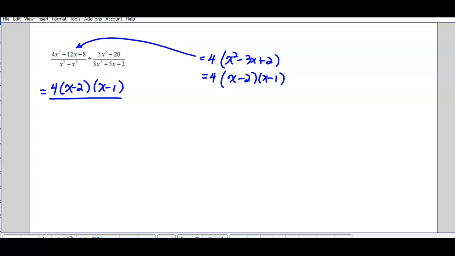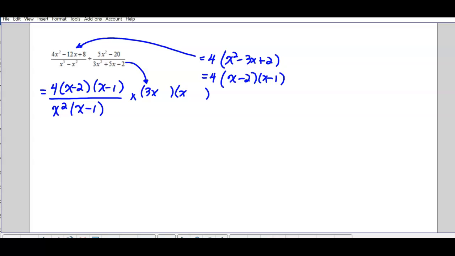Next one, I notice a common factor of x squared. That's going to be x minus 1. Nothing else to do with that. Now, it's a division, so I'm going to make it a multiplication, and this now goes in the numerator. So that is a non-simple trinomial. It's going to be 3x and x.